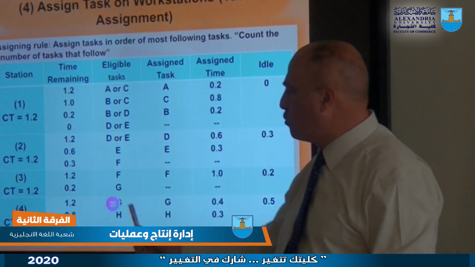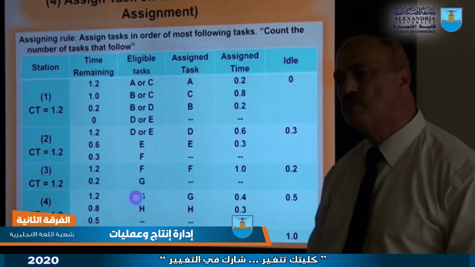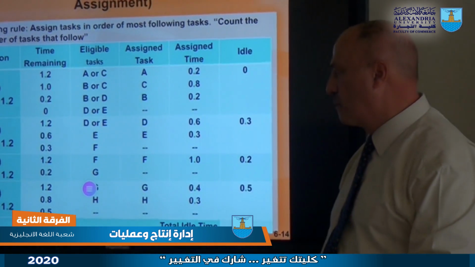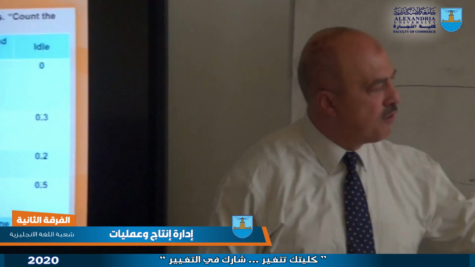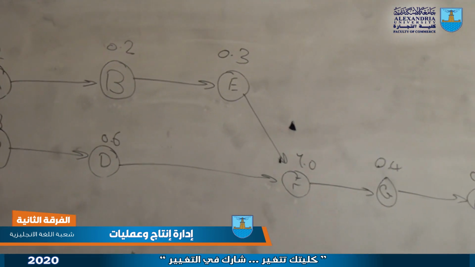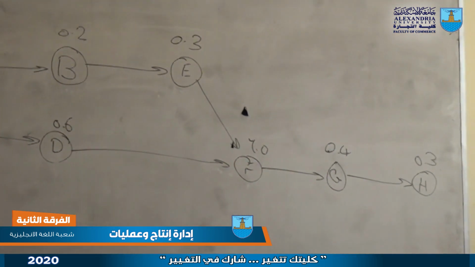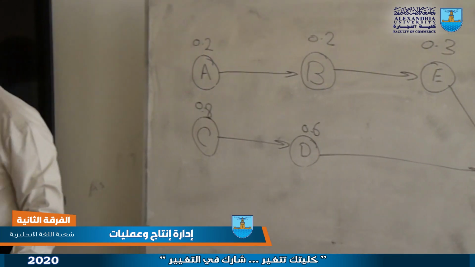Okay, the last workstation, workstation 4, 1.2 maximum time. So we have to perform G. G needs 0.4 minutes. So remaining time is 0.8.